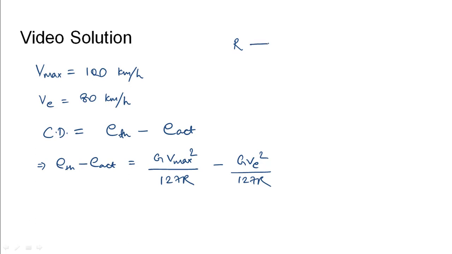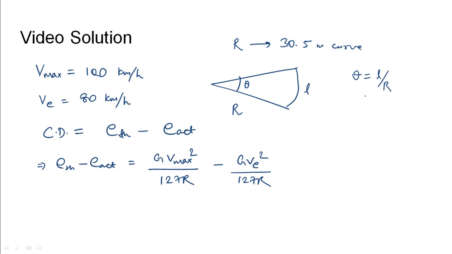Here R is defined for a 30.5 meter curve. We know that if this is an arc whose angle is theta, the length of the arc is L and radius is R. So theta is given as L over R. In this case, theta is 2 degrees, length is 30.5 and radius is R. For conversion, we should use this 2 degrees in radian units.